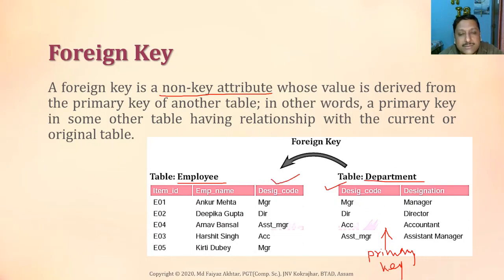Then this designation code column in the employee table becomes the foreign key. Understood? A foreign key is a column which contains values from the primary key column of another table. This is the foreign key.